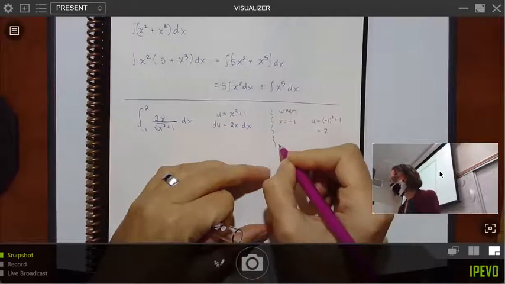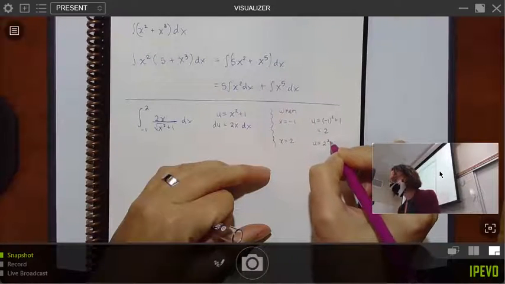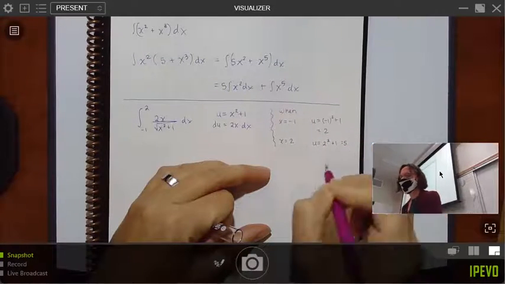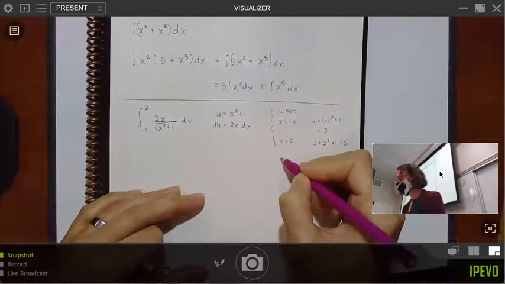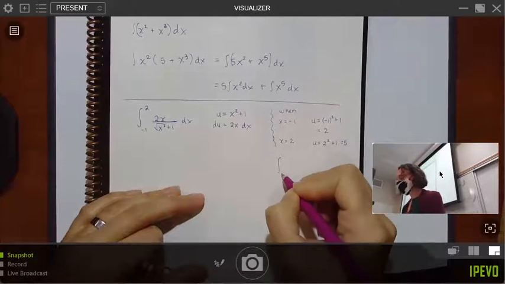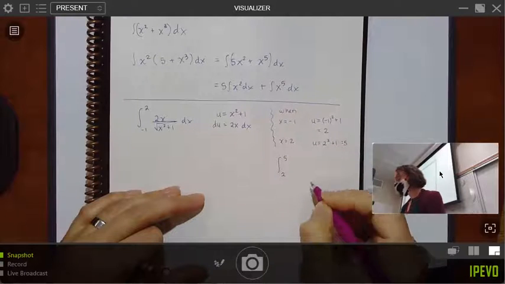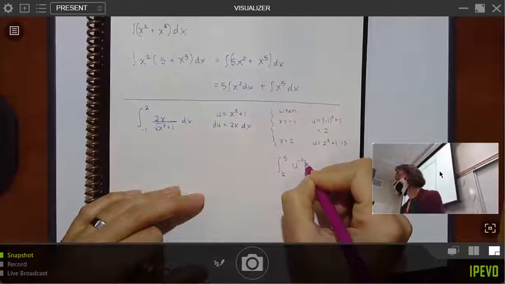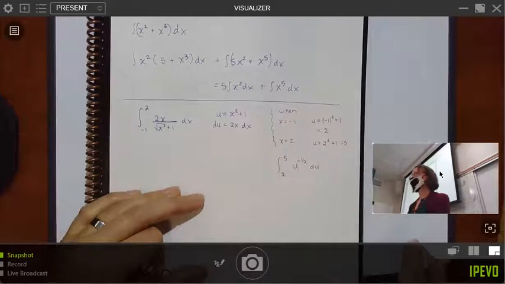And when x is equal to 2, u is equal to 2 squared plus 1, and I get a 5. So when I write that u substitution, it could technically become the integral from 2 to 5 of u to the -1/2 du. And then we wouldn't plug x's back in at the end.